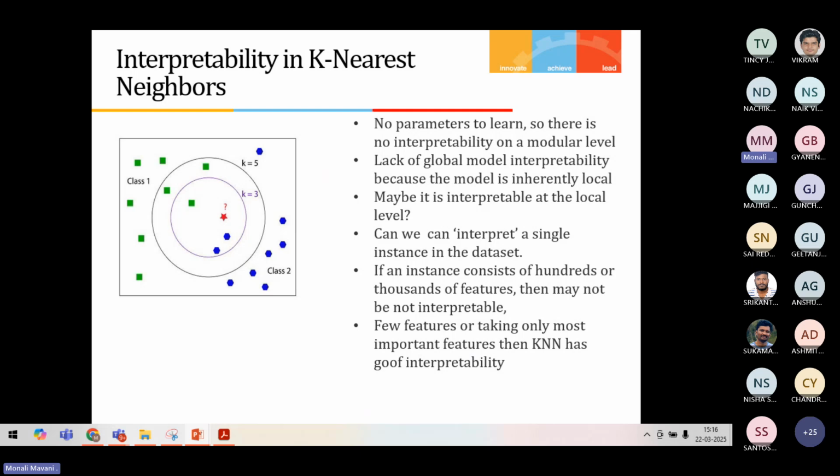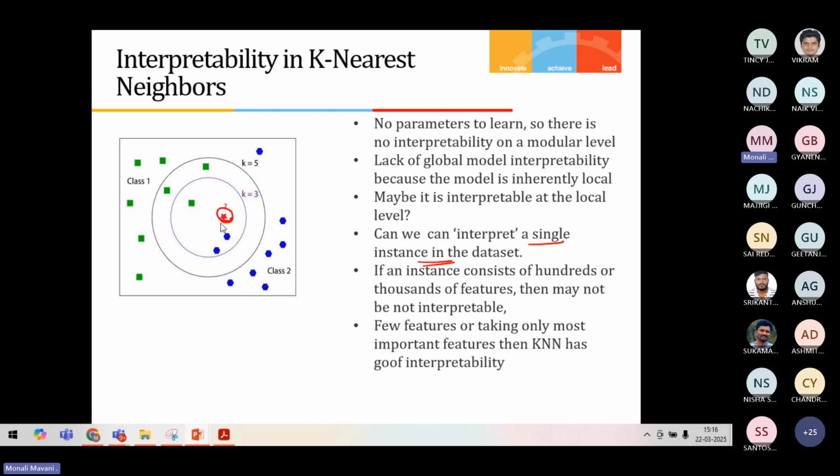Now KNN. In KNN, there are no parameters. So there's no interpretability at the parameter level. But for low dimensional data, we can interpret a single instance in a data set. Whatever the new instance is, we can interpret.